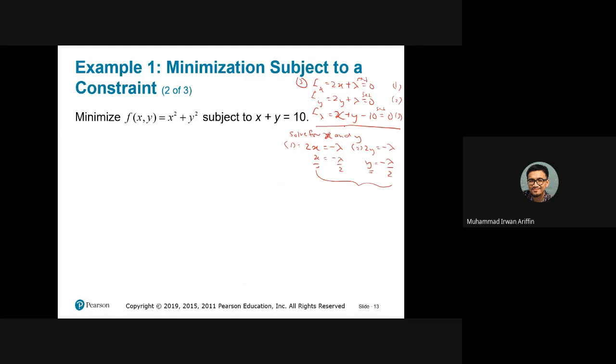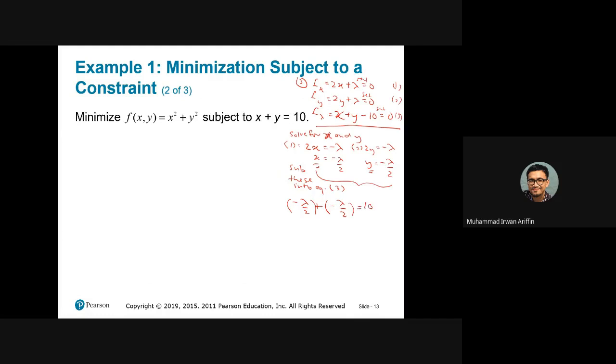Now I'm going to substitute this x and y into equation 3. So what is my x? Negative lambda over 2 plus, be careful with the sign. If you are not sure, always make use of brackets too. So this is minus 10 equals 0.